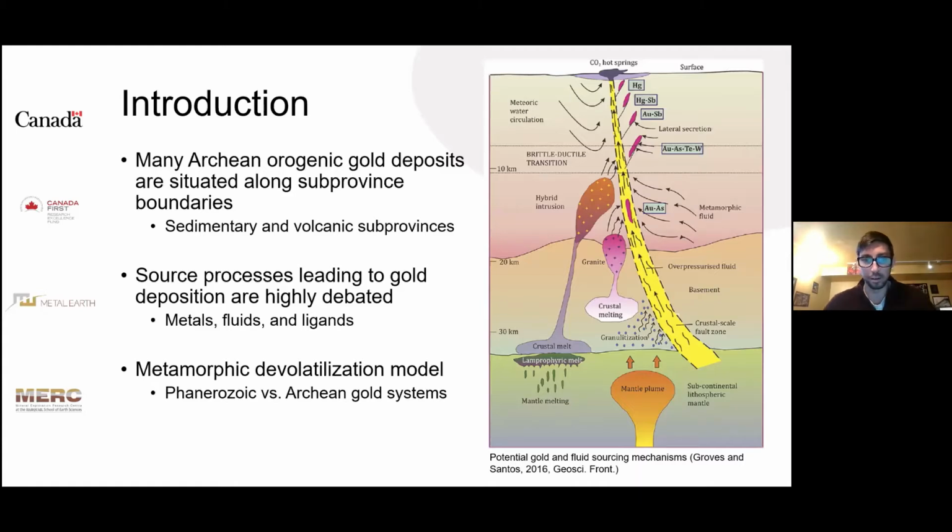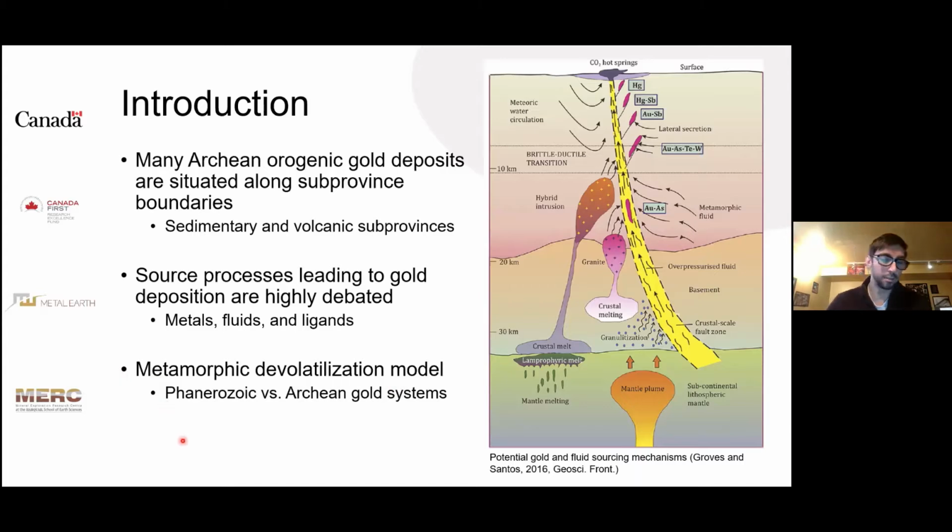And this diagram on the right side here shows all the different types of source mechanisms that we can have for gold mobility. But the one that I'll focus on in my PhD is the metamorphic devolatilization model.